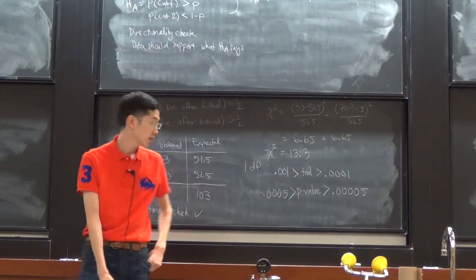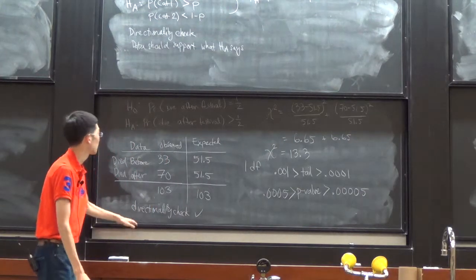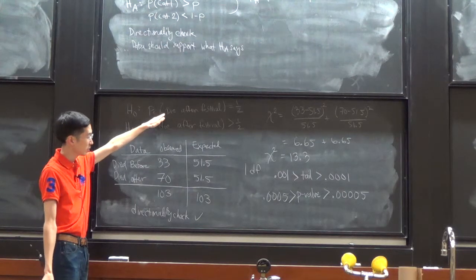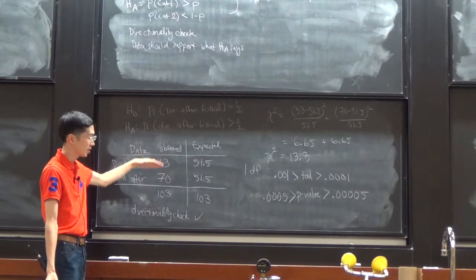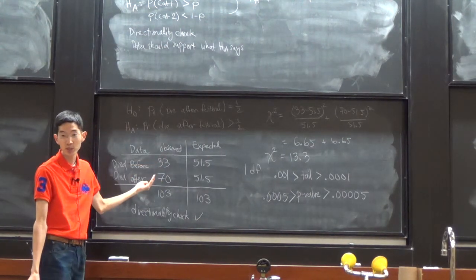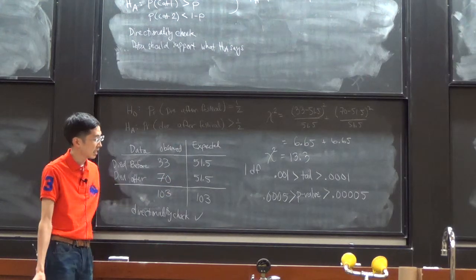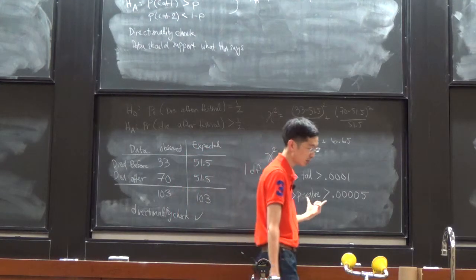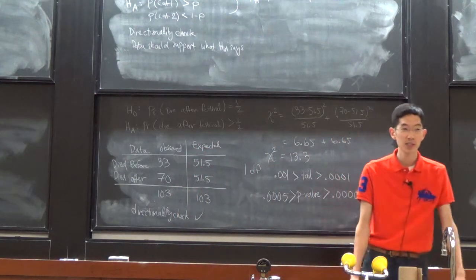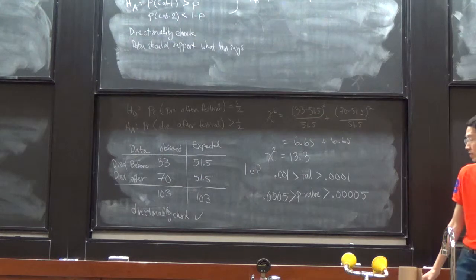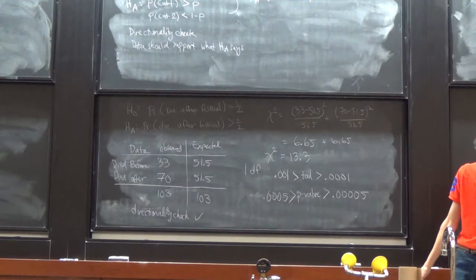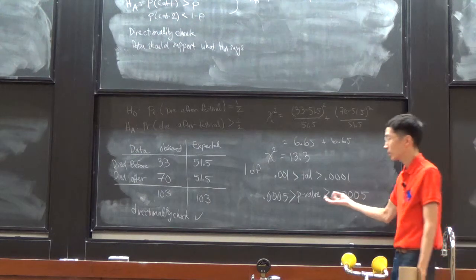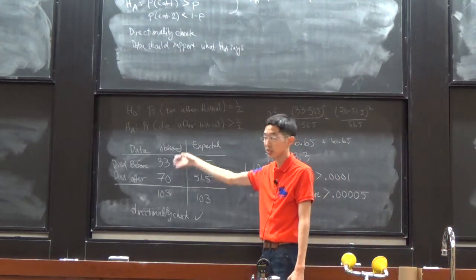So that says, if this null hypothesis were actually true, what's the probability that I would see data like this or something more extreme? It could happen by random chance, but it happens by random chance very, very rarely, fewer than 5 in 10,000 times. So rather than saying it happened by random chance, we're willing to say this is not a result of random chance.